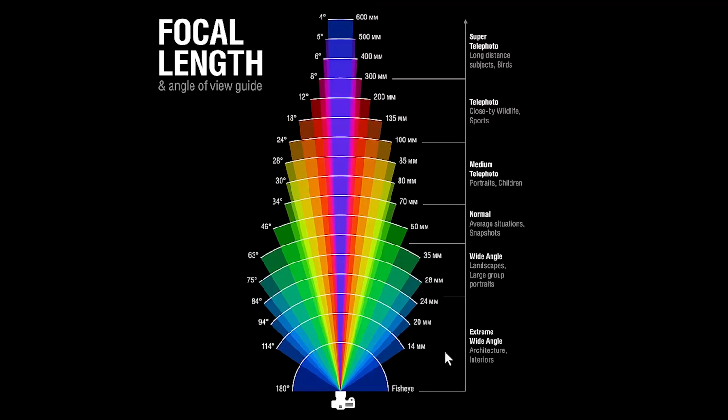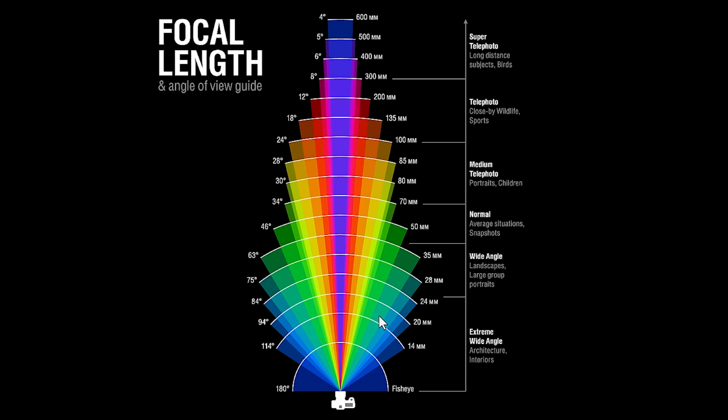This image is a good guide for the relationship between the focal lens and the field of view. For example, in a fisheye lens, you have a 180-degree angle, but in a 200mm lens, you have a 12-degree angle. But do not forget that each lens has its own application.